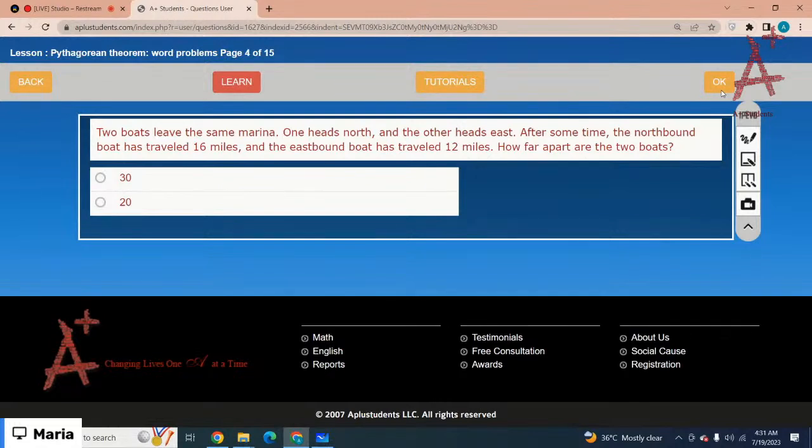Okay, two boats leave the same marina. One heads north and the other heads east. After some time, the northbound boat has traveled 16 miles and the eastbound boat has traveled 12 miles. How far apart are these two boats?